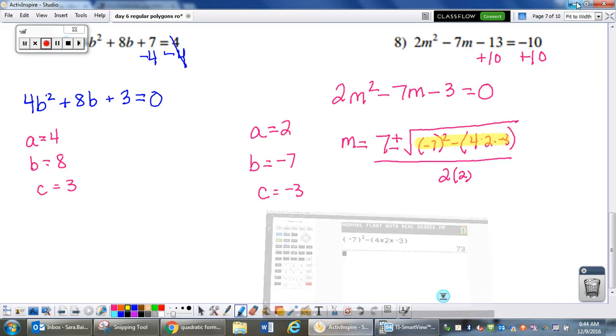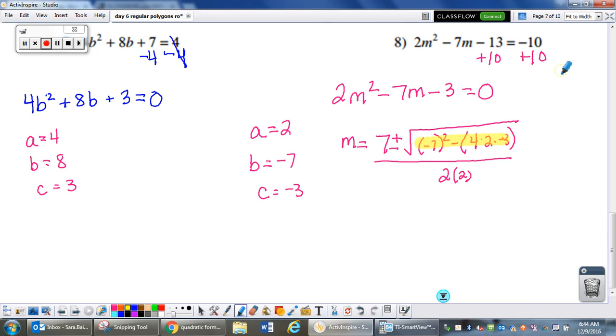Unfortunately, 73 is not a perfect square. However, I will show you how you're going to rewrite this. So if we move on through here, we have m equals 7 plus or minus the square root of 73 all over 4.